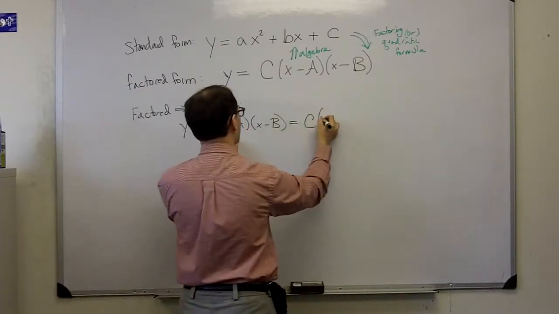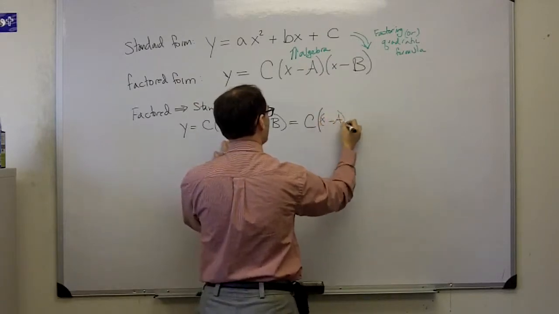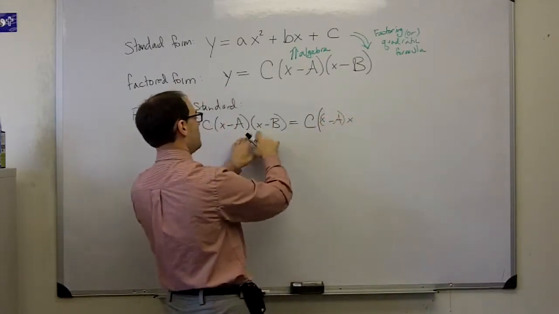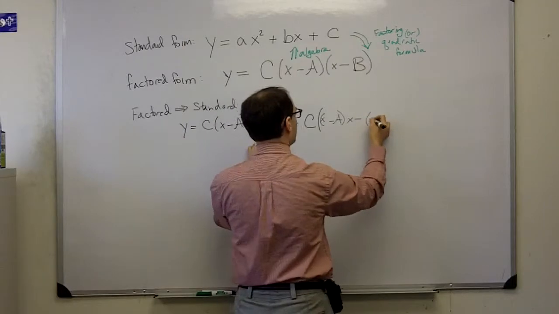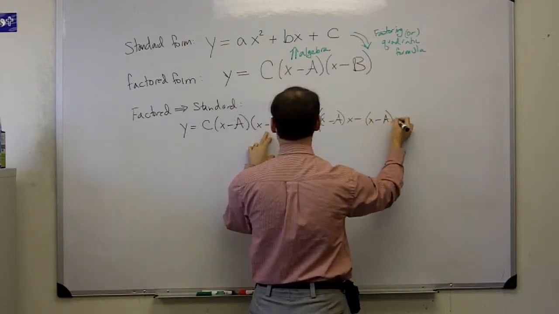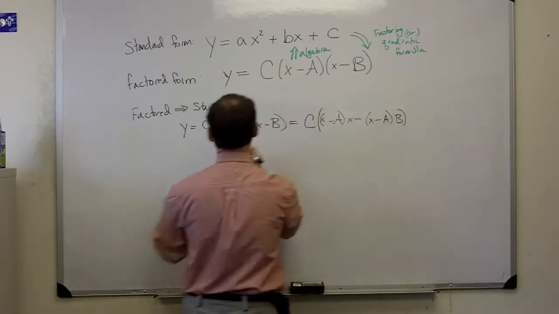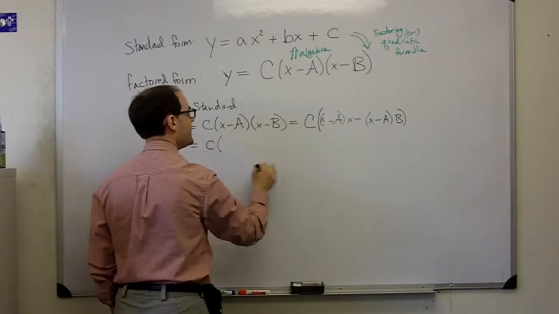So I get x minus a times x minus x minus a times b, and then distribute back the other way.